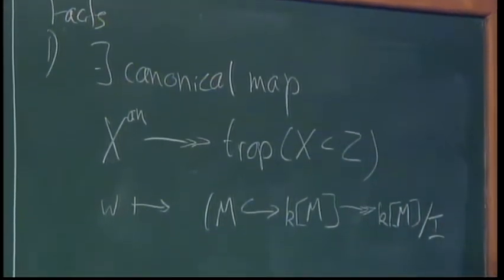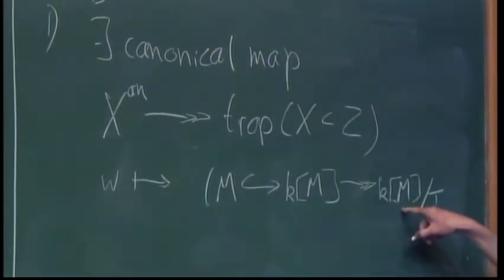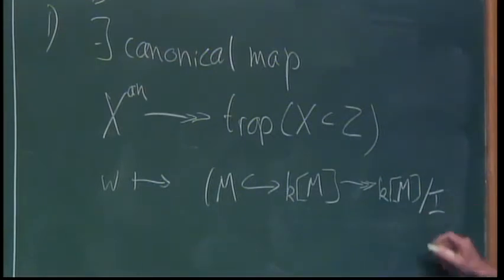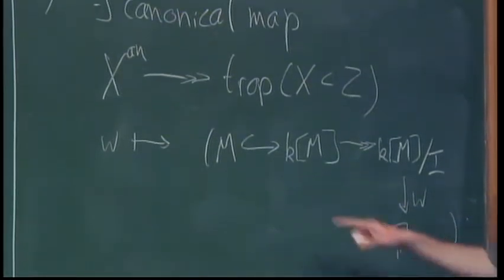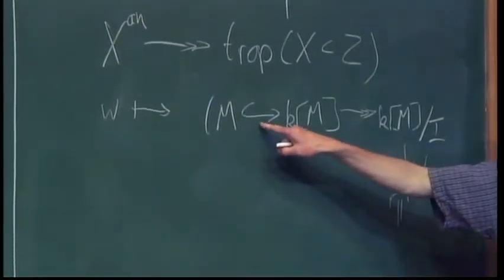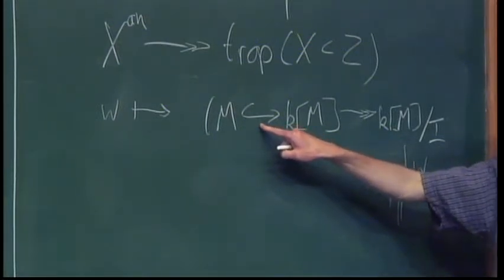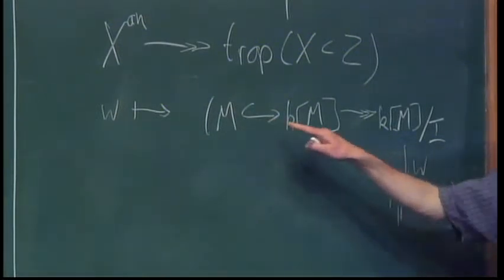And then the valuation W is a valuation on this algebra here. So I can do W to land in T. This map here is a multiplicative map, but it's not a ring or a semi-ring homomorphism in any sense. It's just a multiplicative map.